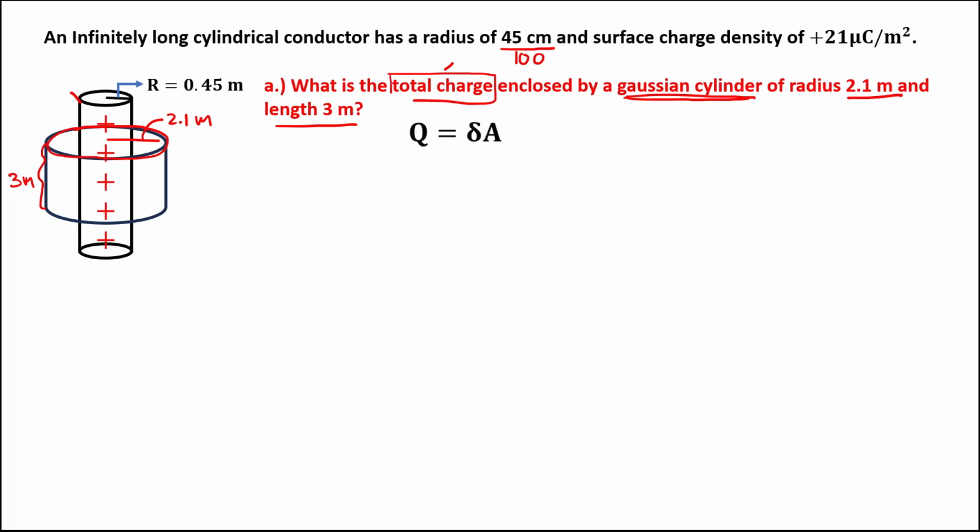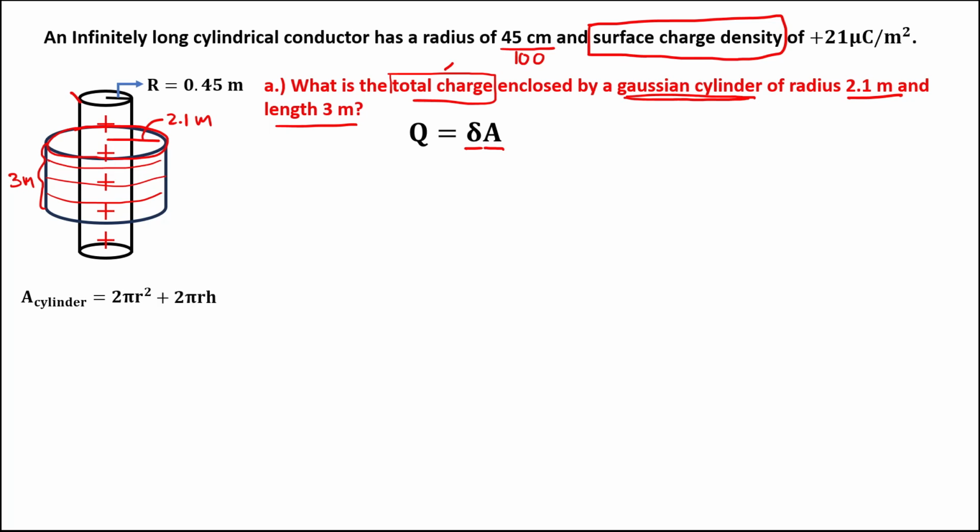The total charge is equal to the surface charge density times the area. Since this one is a cylinder, for the area of the cylinder we have a circle on the top and a circle on the bottom. So that's 2 pi r squared, then plus the lateral area of this cylinder.